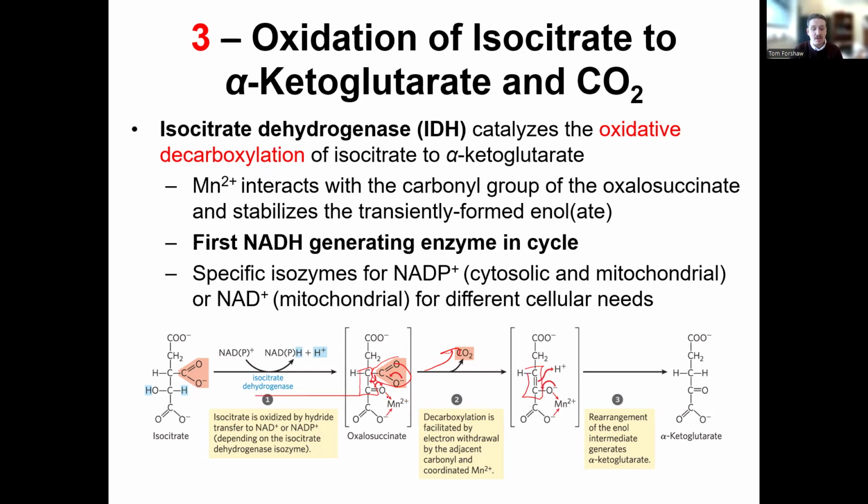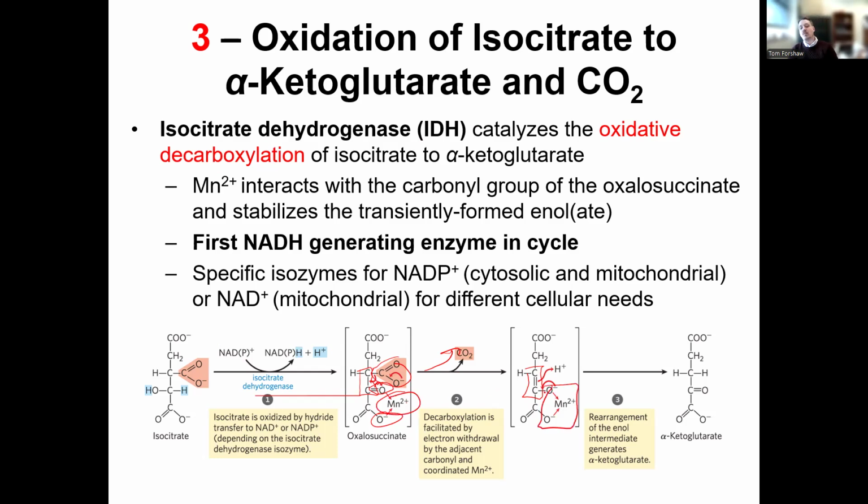Also, in doing so, you generate these two negatively charged oxygens. And these negatively charged oxygens, they don't want to be there. They are unstable, uncomfortable. It is an unfavorable energy state. And so, again, what do enzymes do? They lower activation energy. If you didn't have the enzyme, then these oxygens would not want to go into these negatively charged states quite so freely. But what the enzyme does is that it provides a manganese cofactor, which acts as a counterion.